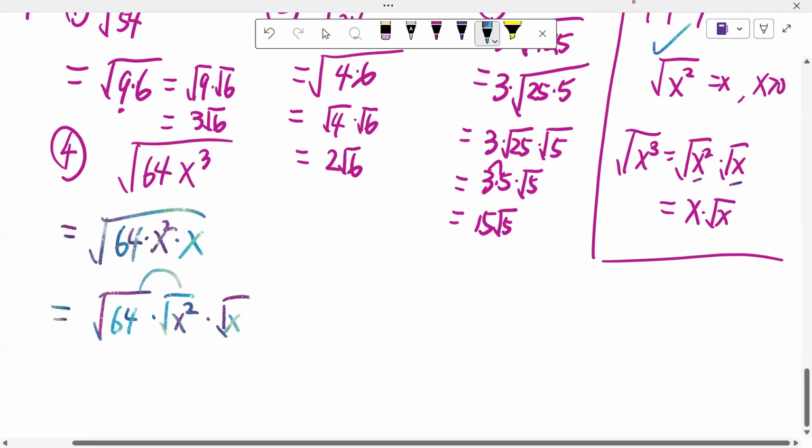The first two are the perfect square number and the perfect square term. Square root of 64 is 8. Square root of x squared is x, according to this property. And then the square root of x remains. So it's 8x times the square root of x. Any question about this?